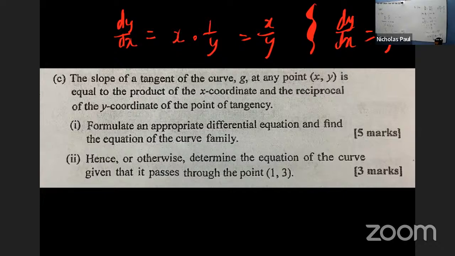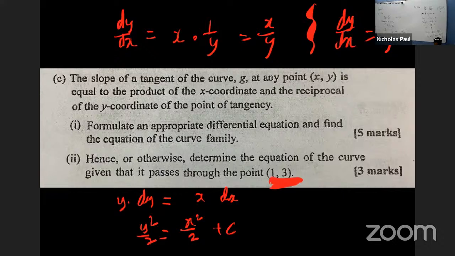So you end up with y dy is equal to x dx. So again, y squared on 2 is equal to x squared on 2 plus c. And then solve for c. C is how much? 4.